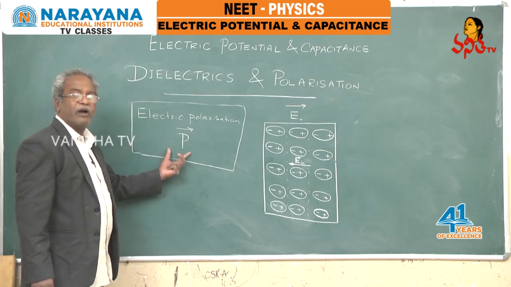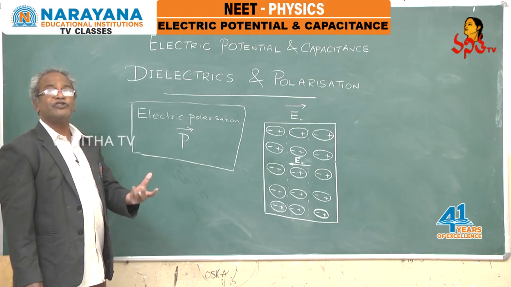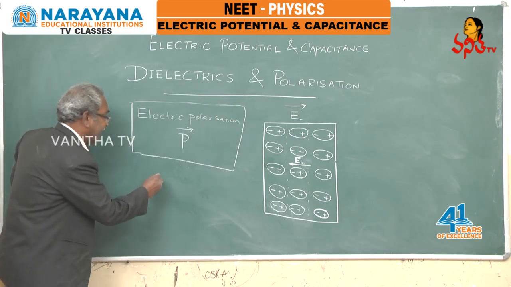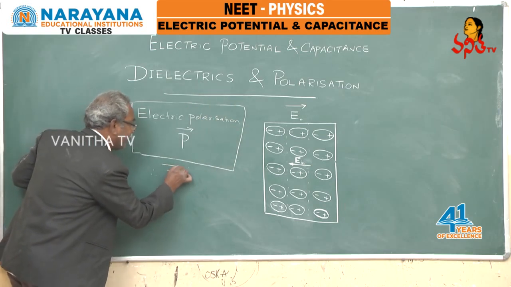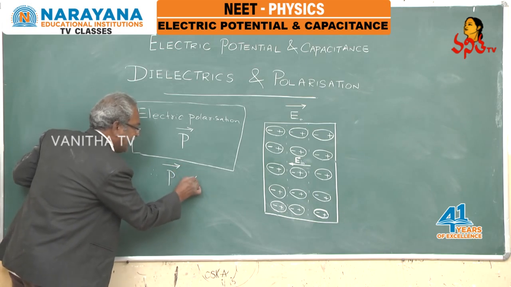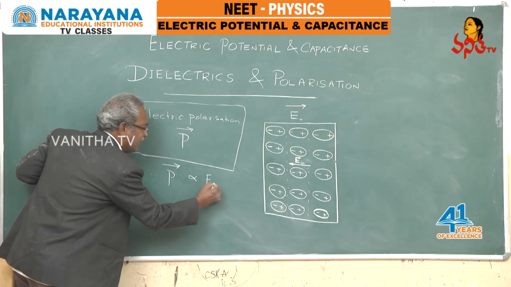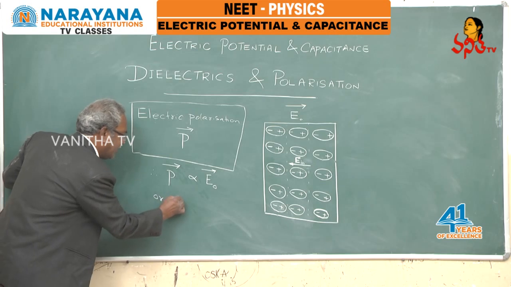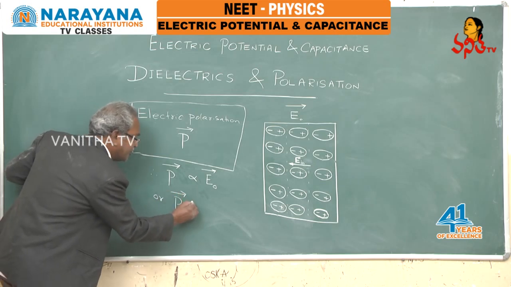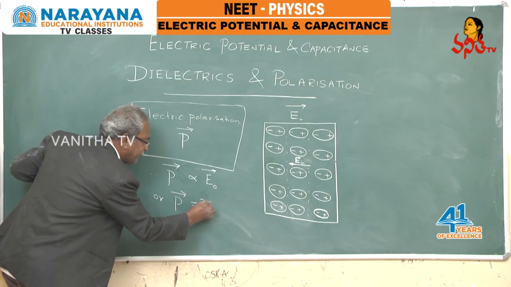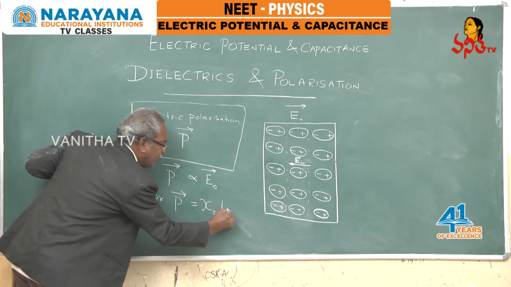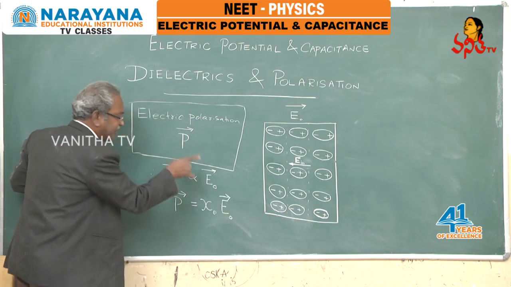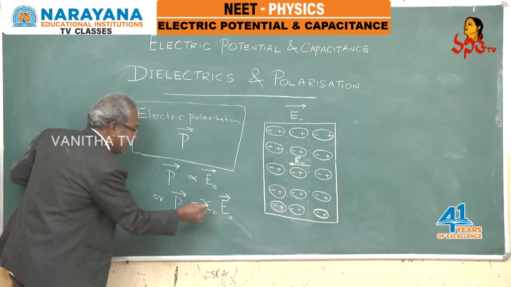Therefore, this electric polarization will be directly proportional to the external field intensity, or you can say that electric polarization equals chi E into E naught. This is the electric polarization directly proportional to the external electric intensity.